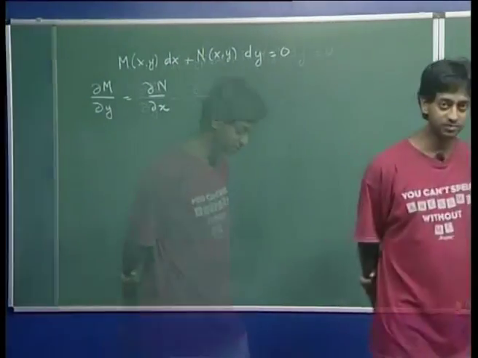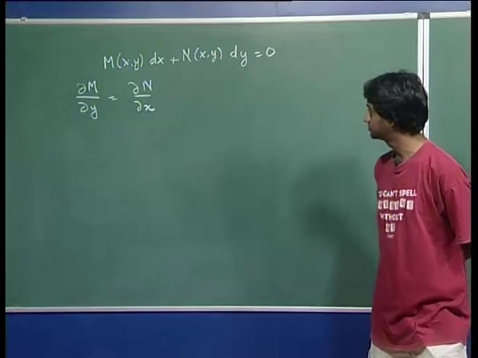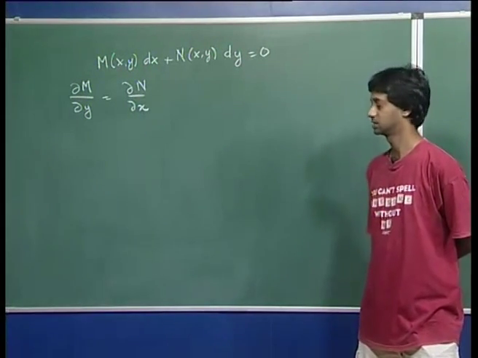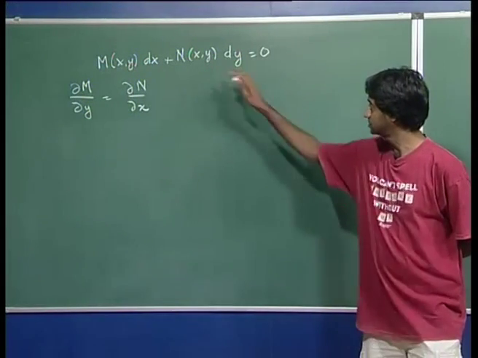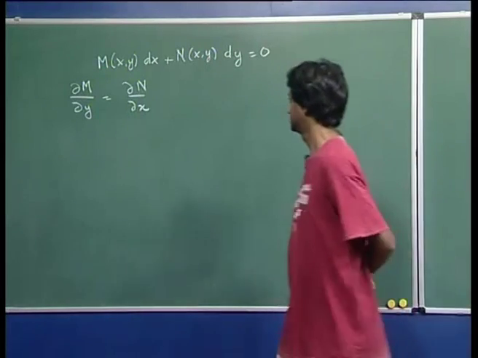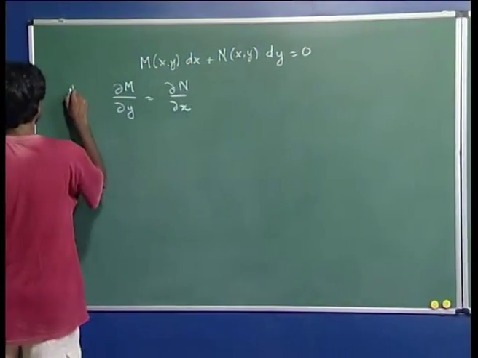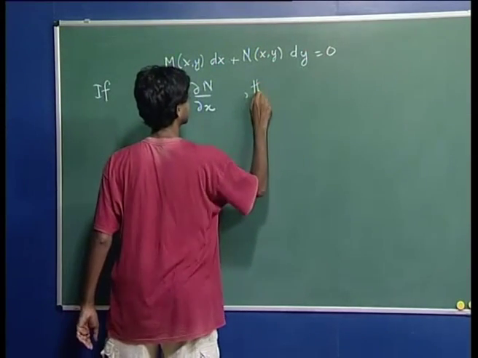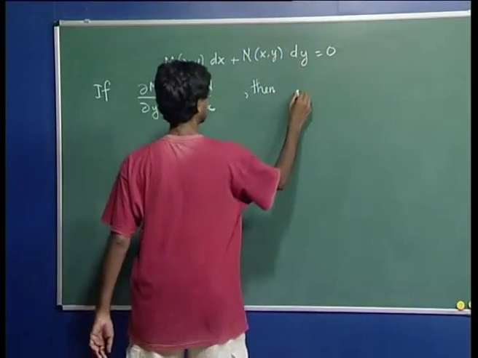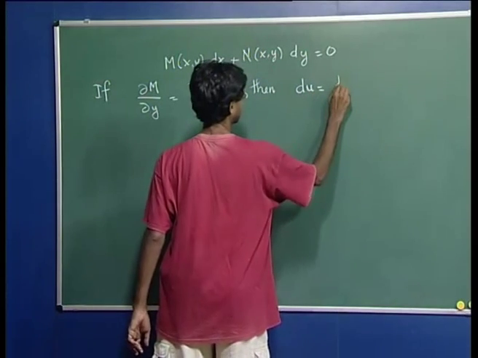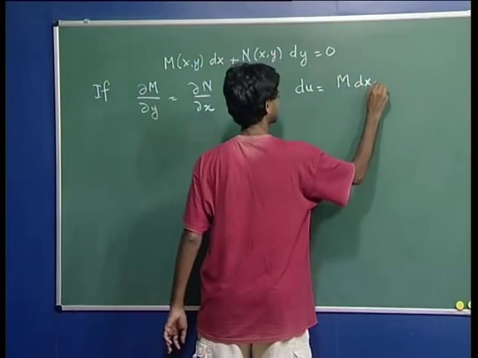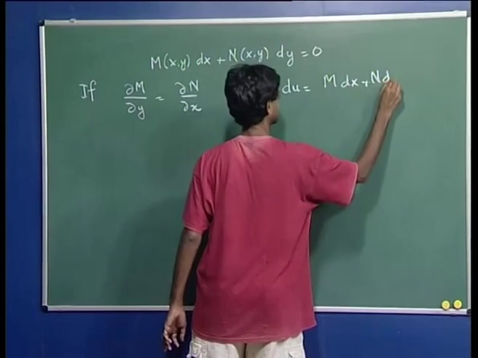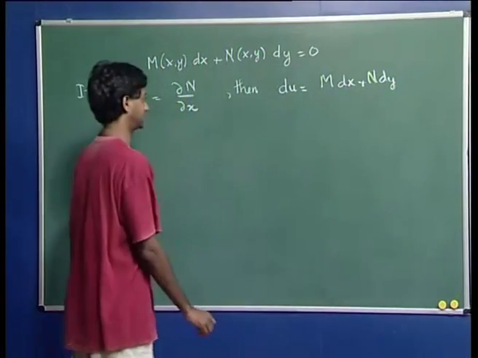Now the question is, suppose you have a differential equation that is not exact. Suppose this condition is not satisfied. If this is true, then du equal to M dx plus N dy, you can write in that form.